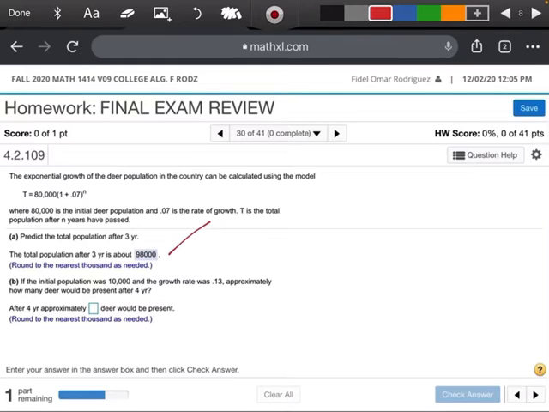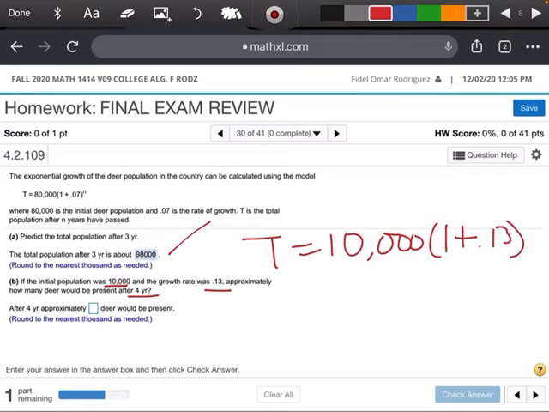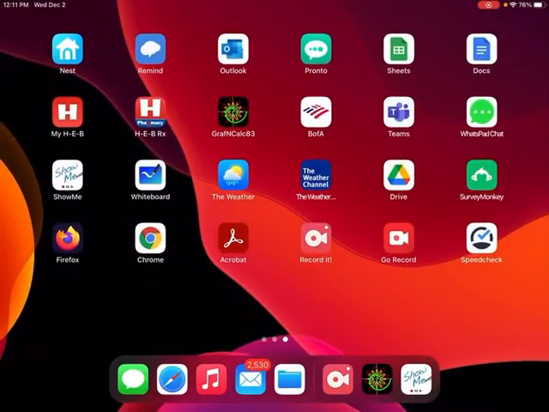It says if the initial population was 10,000 and the growth rate was 0.13, how many deer would be present after 4 years? Okay, so the initial population is 10,000, our growth rate is 0.13, and now we're looking at this for 4 years. So again, I'm going to enter this part directly into my calculator.